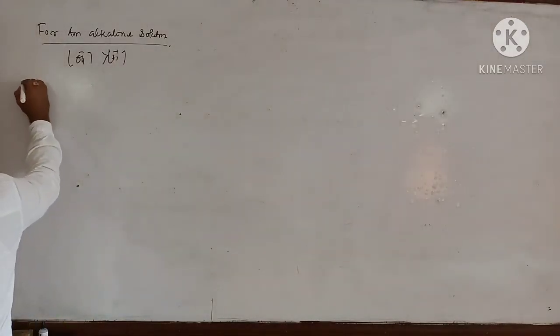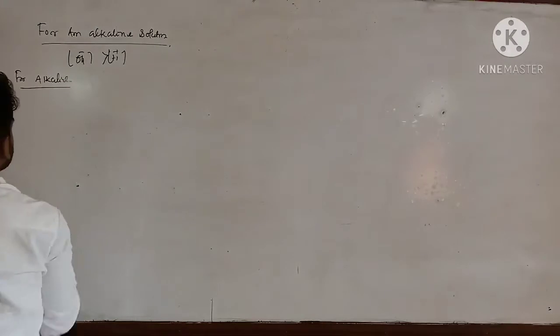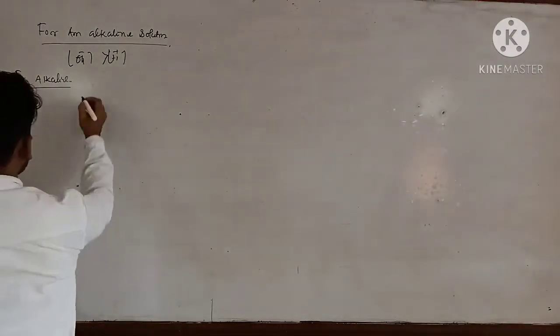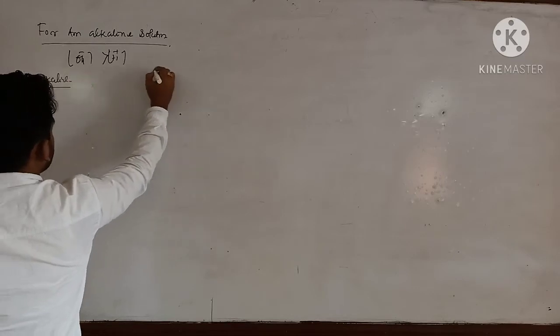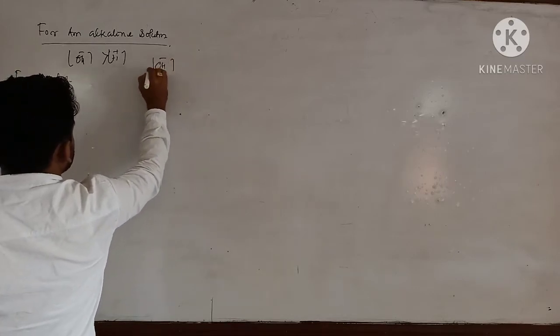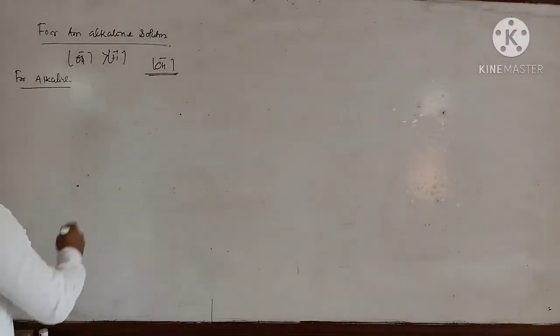So for alkaline, in terms of the concentration of OH minus, that must be greater than 10 to the power minus 7.